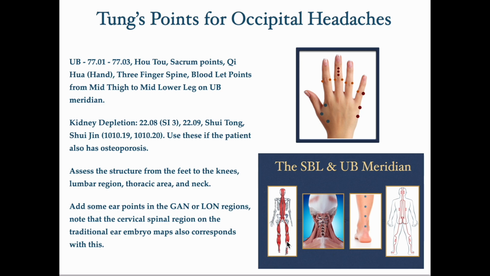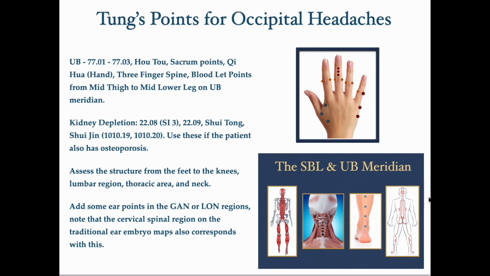What I've found in my practice is that there are many different point groups on the bladder meridian or on the superficial back line that we can use for treating occipital headaches, okay? So when you're treating them and they're on one side, start with small intestine 3 and 22.09, and then on the same side as the pain, you can do the bladder points.